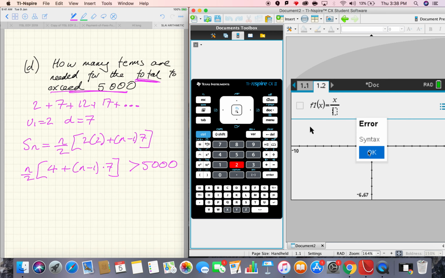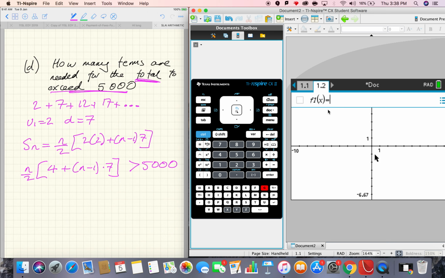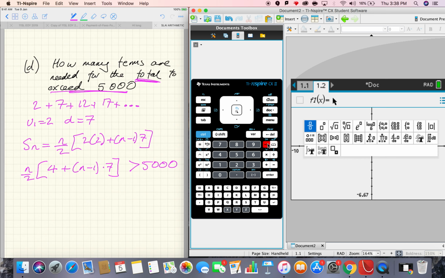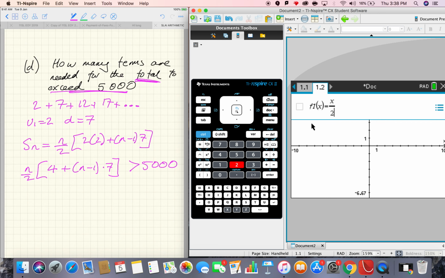And then, oh, syntax error. Okay, no problem. Let me just try that again. I've lost the entry heading. Control G is a shortcut to get it back. I think it's just a little bit of a time lag as I'm recording on screen, so let me click it slowly. Okay, so now x, down arrow over 2, and then side arrow, and that brings you to the entry line.